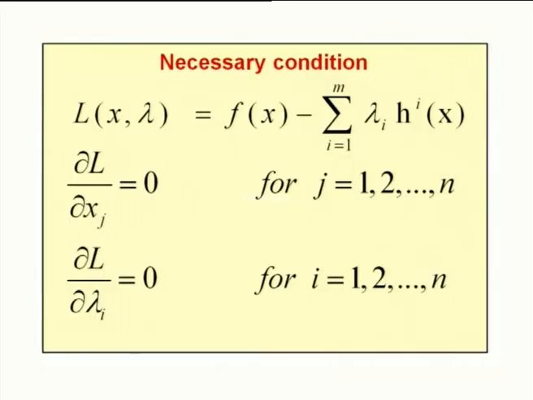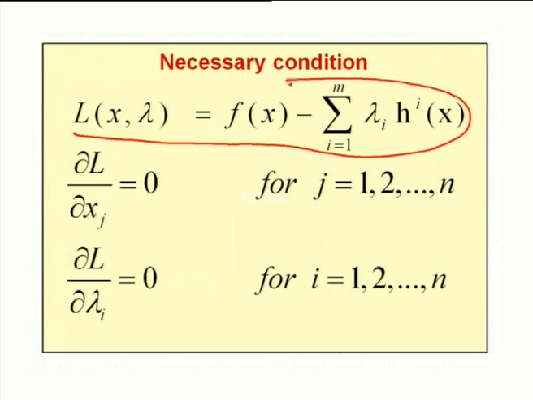We know very well, in order to obtain the necessary condition to solve a nonlinear programming problem, we need to form a Lagrangian function, which is L of x comma lambda equal to f of x minus summation i equal to 1 to m lambda i hi of x.